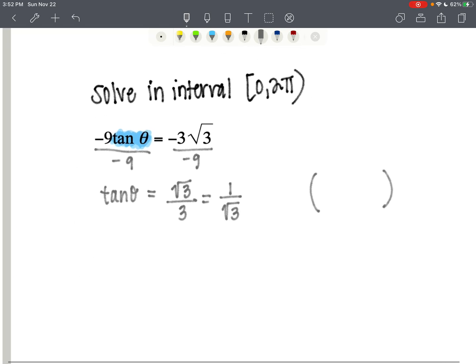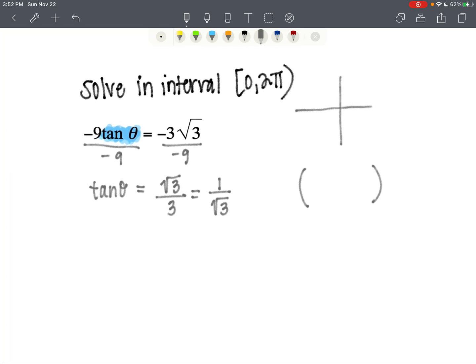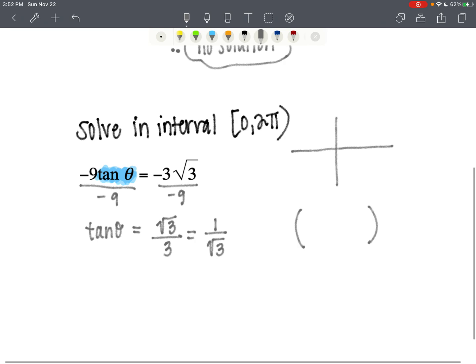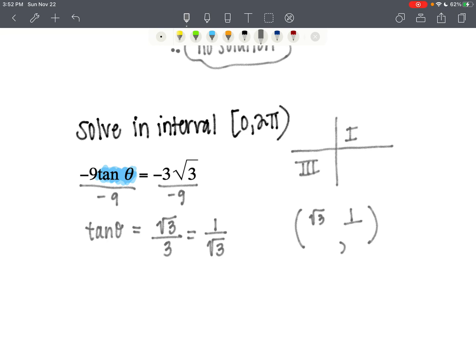So the quadrants that are going to give me a positive ratio for tangent are quadrants 1 and 3. And the ordered pair that's going to give us 1 over the square root of 3 for tangent will be this ordered pair right here. And that is a pi/6 angle.